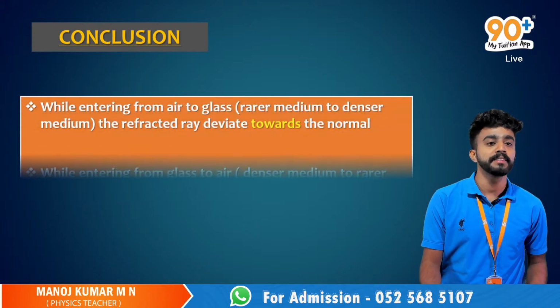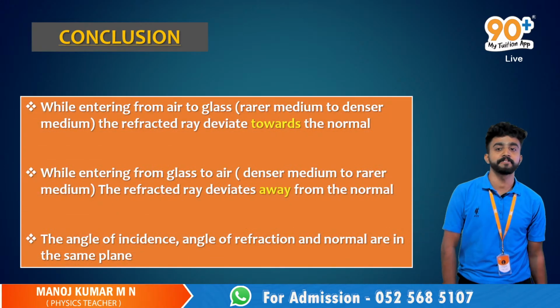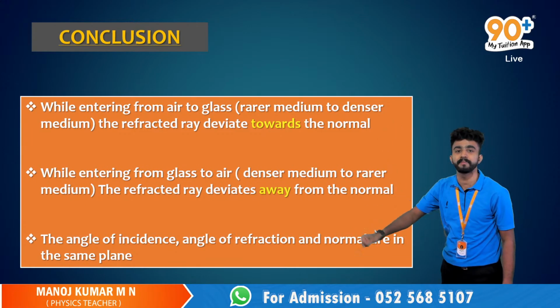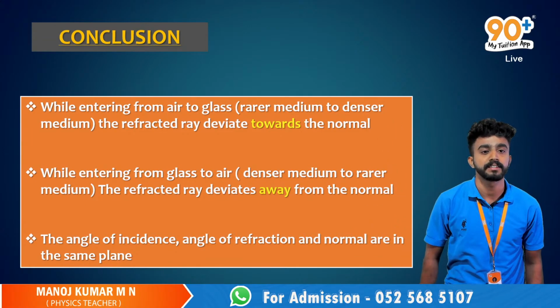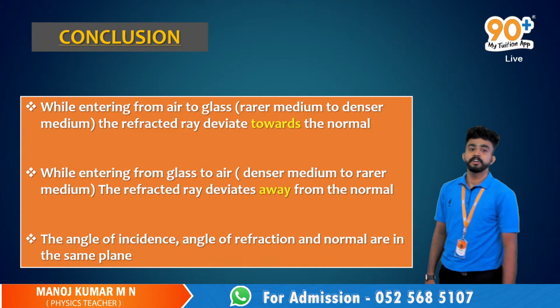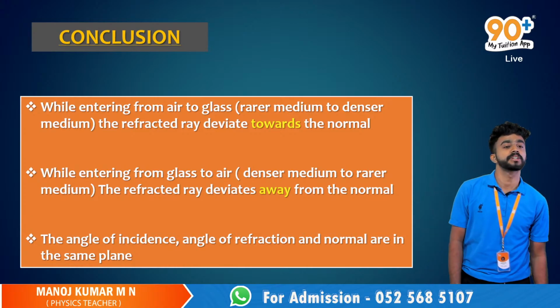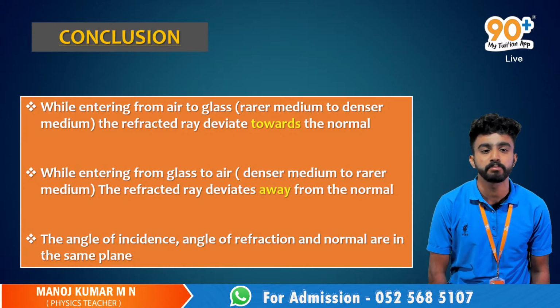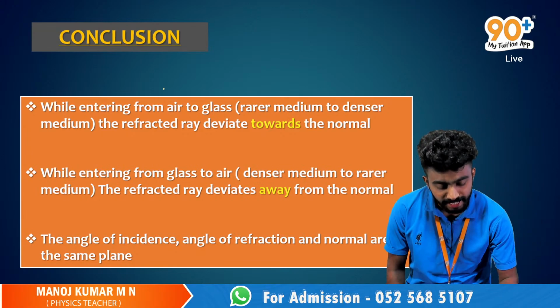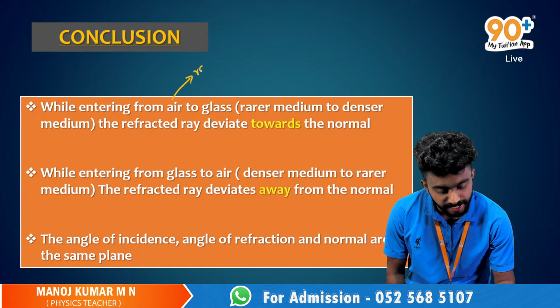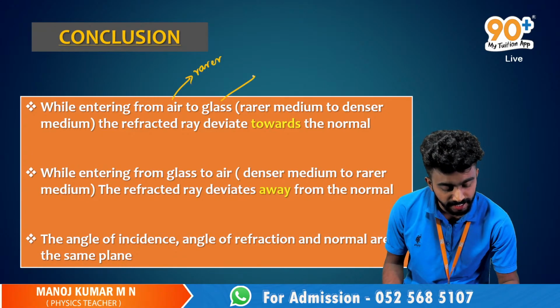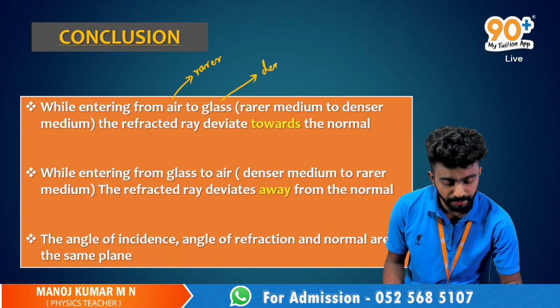Fine. So everyone, regarding the concept of refraction, this is the conclusion we are coming to. While entering from air to glass, that is from rarer medium to denser medium, we know that air is a rarer medium and glass is a denser medium.